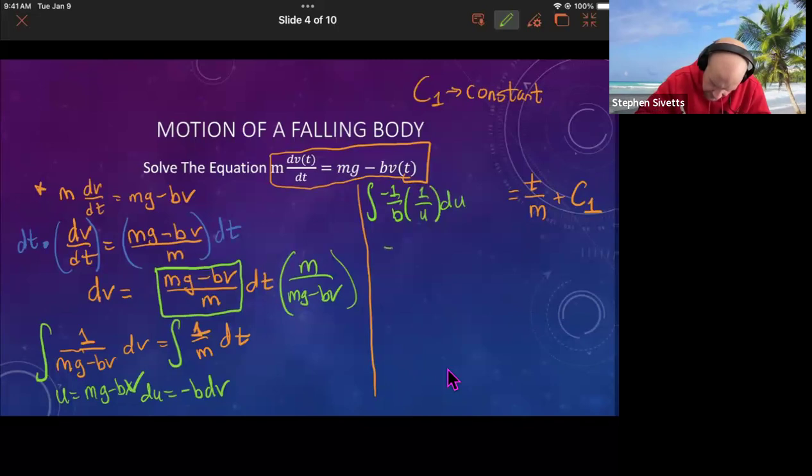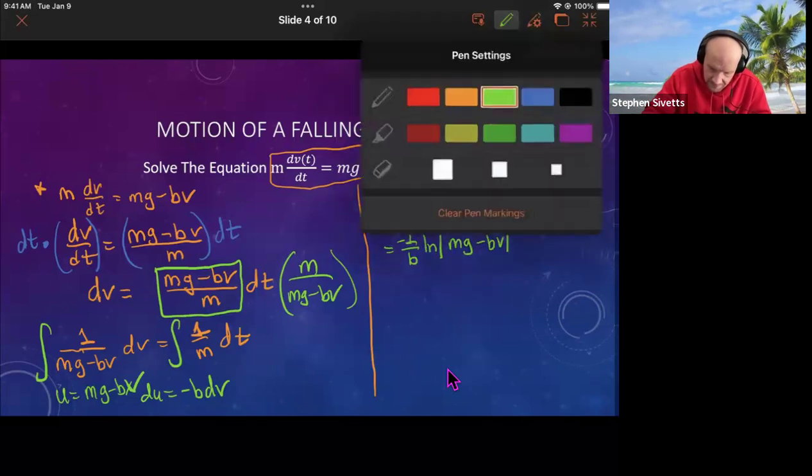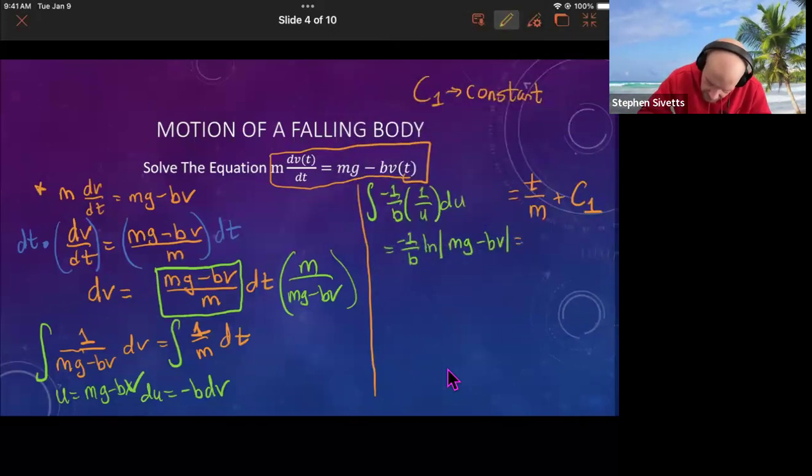All right. So this is minus 1 over b times the natural log of the absolute value of u. That will equal m times g minus b times v. And then the right-hand side will just still be t over m plus c1.